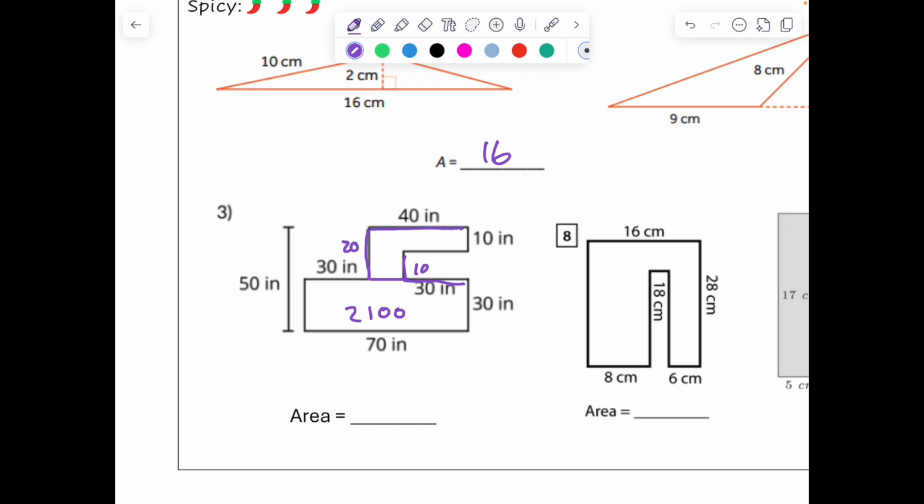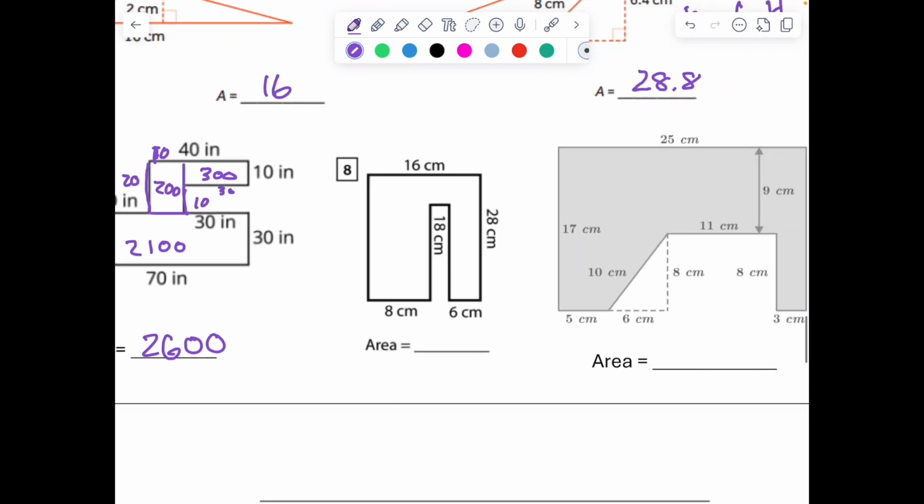And then this is 30 and the whole thing is 40. So this is 30 right here. So let's chop it up like this. That's going to be 10. So then we have a 10 by 20, which is 200. And then a 30 by 10, which is 300. So when we add these all up, we should get 2,600.